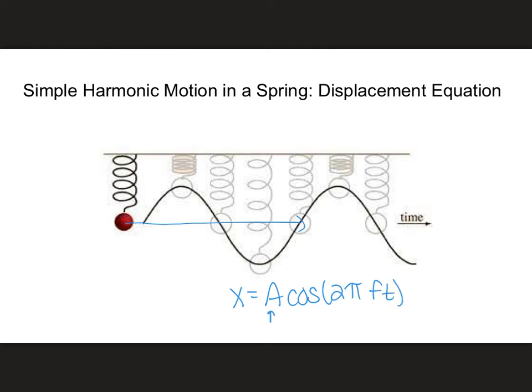Right here, amplitude is how much it is going up or down. This is a constant number, cosine 2 pi, f is frequency, and then t is our time. Now, how does this work out with our units? Frequency is 1 over seconds, and time is in seconds.